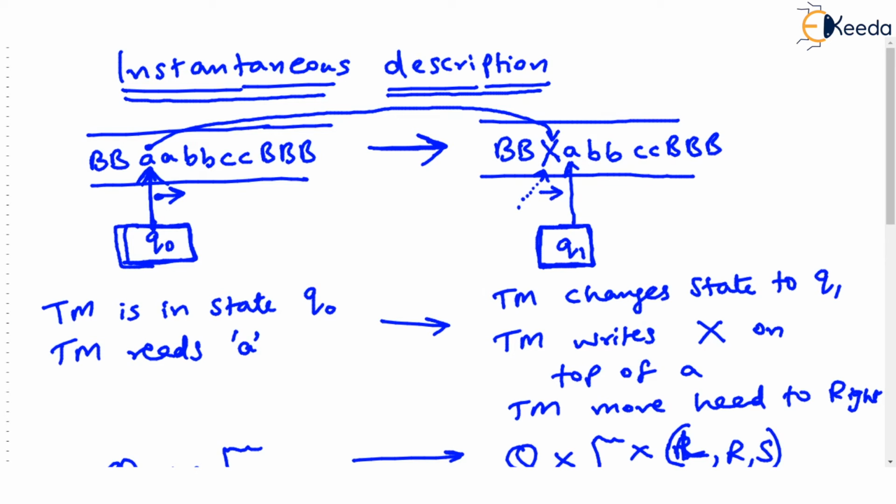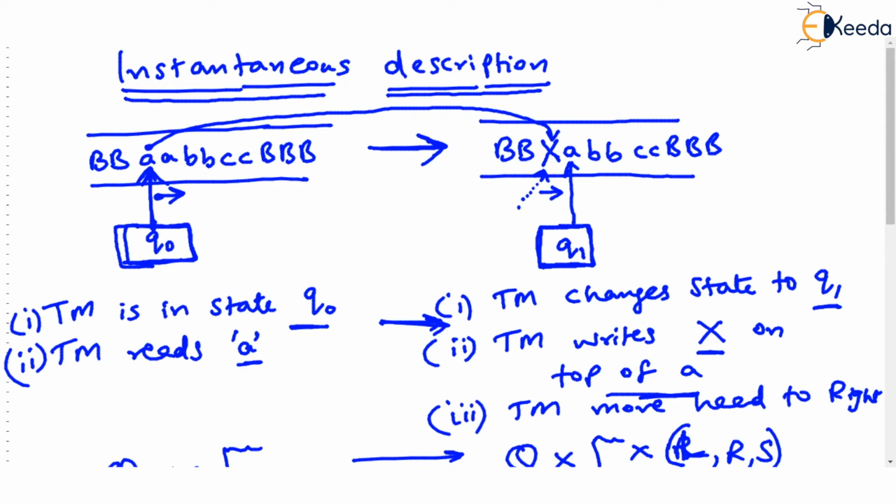So what was the first thing? Turing machine is in state Q0. Second thing, Turing machine reads A. What is the result? First thing, Turing machine changes the state to Q1. Second thing, Turing machine writes X on top of A. That means it has overwritten the letter which it read, A, as X. And the third thing is, Turing machine moves the head to the right.